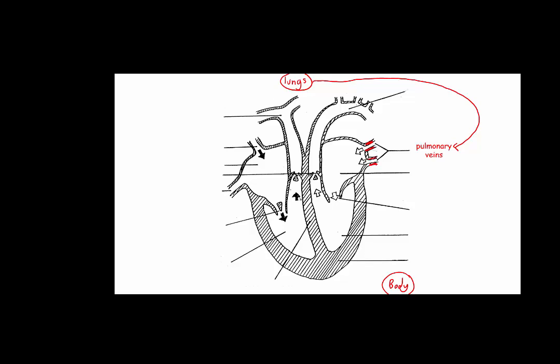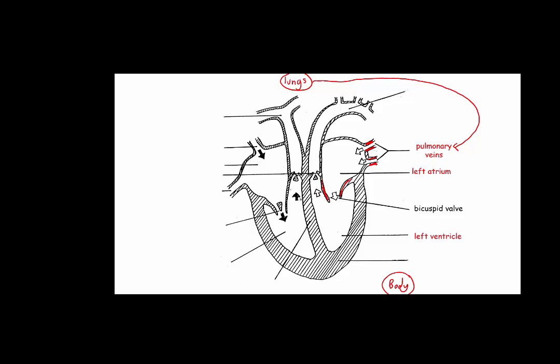You've got two of them because you've got two lungs, so one comes from each lung. That carries blood from the pulmonary veins into the left atrium. Now the left atrium is basically a really thin small chamber which pumps blood down to the left ventricle. But before it gets there, it has to go through a little valve.